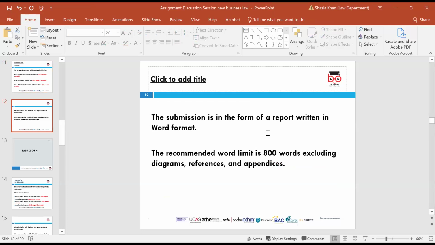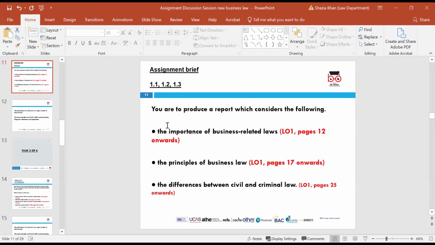The recommended word limit is 600 words, excluding diagrams, references, and appendices. So for each one, you need to do probably about 325 words each. Okay, no, sorry, it's 10% leeway, so it's probably just over 250 words each for each part of it, because there's 3 parts there.